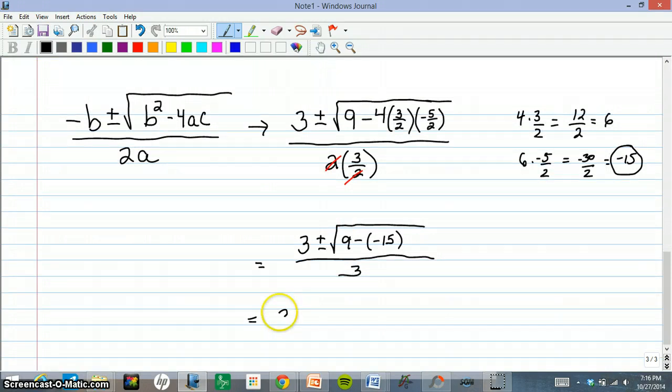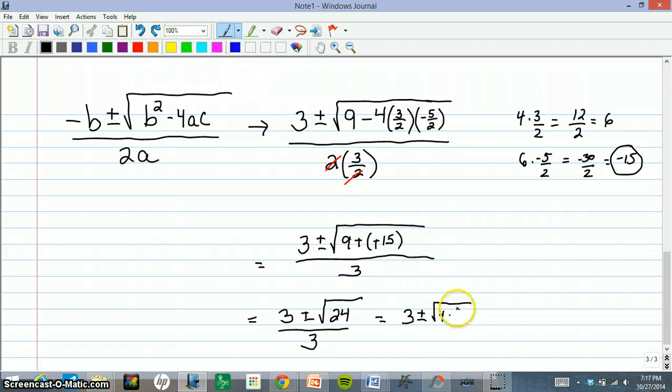I'll clean this up a little bit more. 3 plus or minus 9, take away a negative 15. That makes the square root of 24, all divided by 3. And we want our answers in simplest form. So a little bit more work here. 3 plus or minus, I know that 4 is a factor of 24. Oops, I'm writing 24 again.